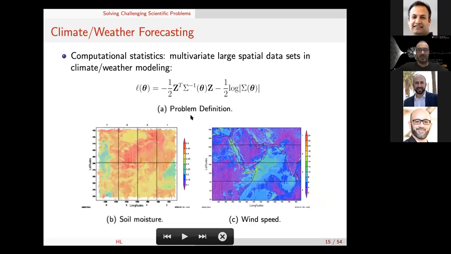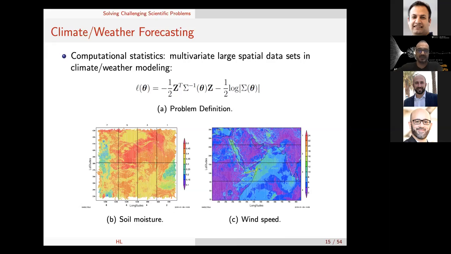We also have a lot of computational statistics people working on climate and weather forecasting. The idea is to optimize this maximum likelihood estimation, where if you see the sigma here, the sigma is as large as the number of observations.